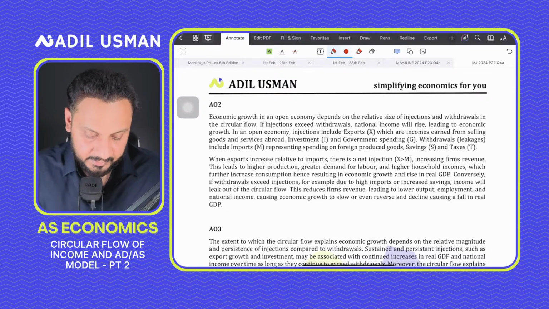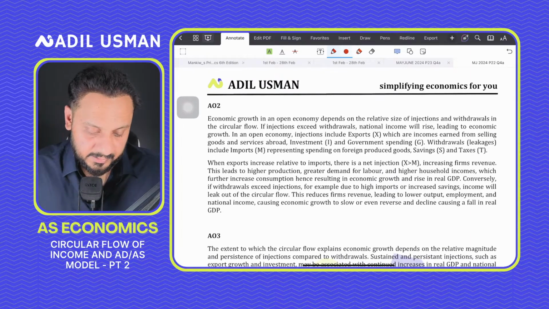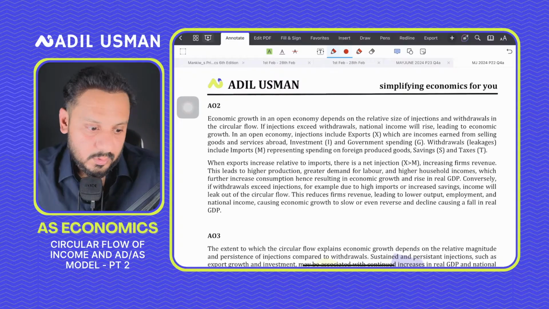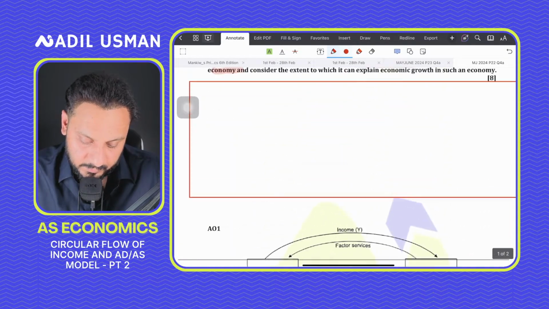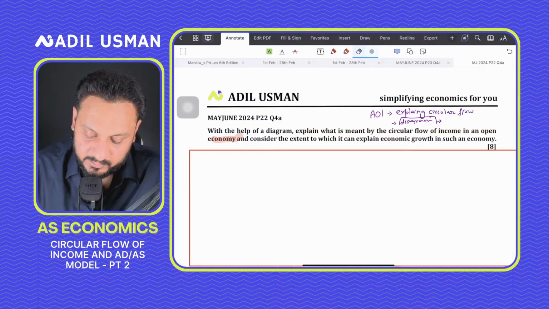The second thing that you talk about is under AO2. Now see, the thing is that in assessment objective 2, the question was asking you to explain what is meant by the circular flow.